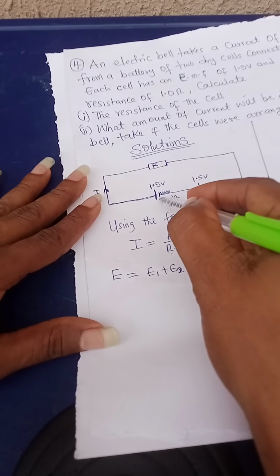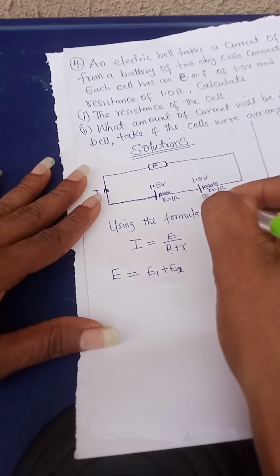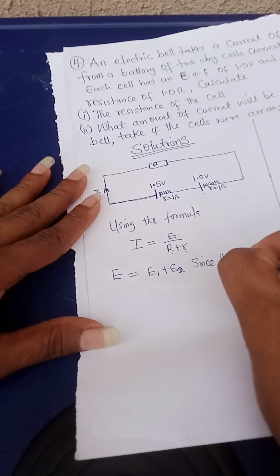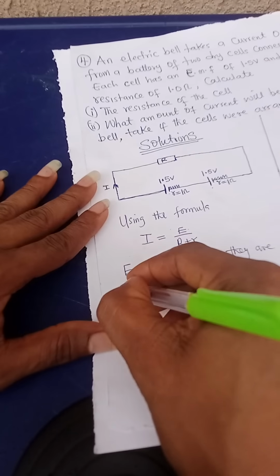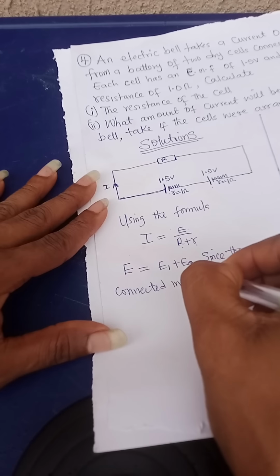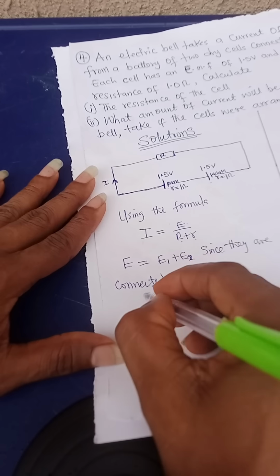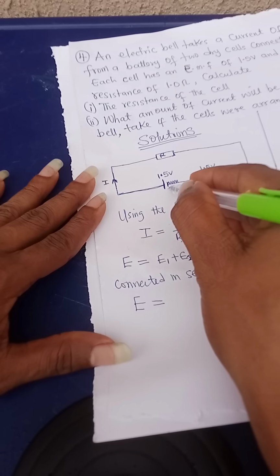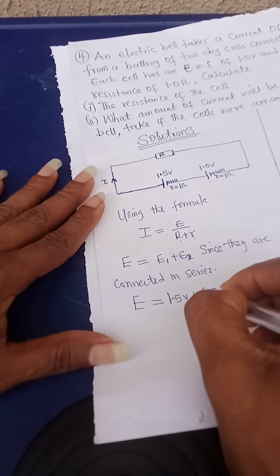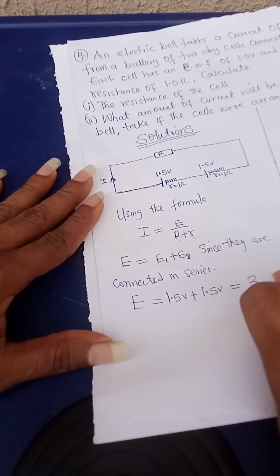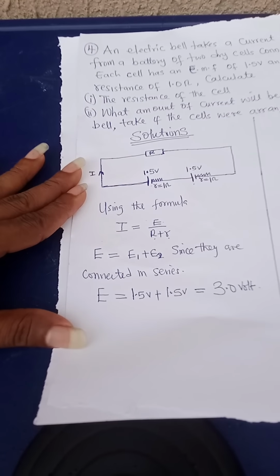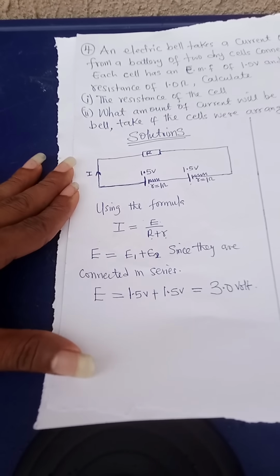The reason is because these two cells are connected in series. Since they are connected in series, you use this. Don't forget that the EMF of each cell is 1.5 volts. So it is 1.5 volts plus 1.5 volts, which will give me 3.0 volts. That is that. I've gotten my E.